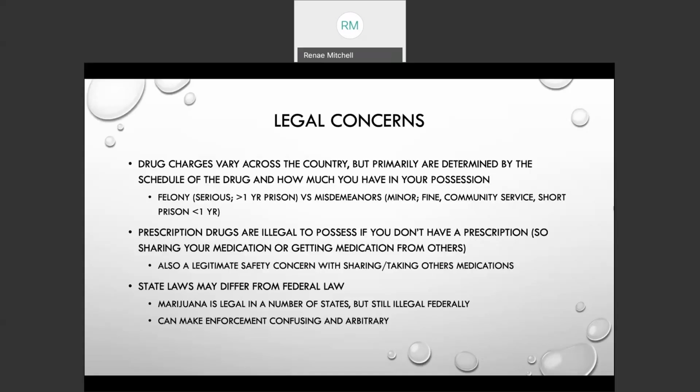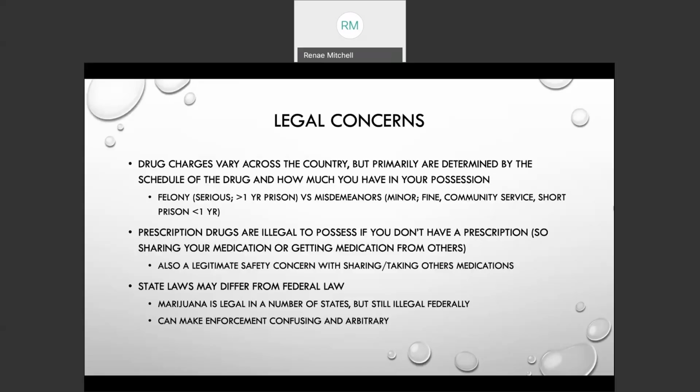So there's some serious consequences that result from a felony conviction, aside from just straight up going to prison. And then there's the misdemeanors. So this is a more minor charge. Generally, it comes with some sort of fine, community service, or less than 1 year prison stay, sometimes all 3. What counts as a misdemeanor varies, but if it's a large amount of drugs in a person's possession, it's almost certainly going to be a felony.